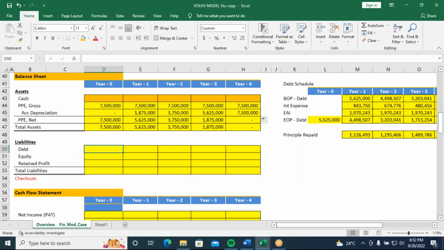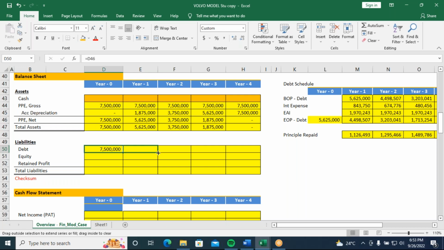So debt, if we look at what the debt value is equal to, it will be the PPE net, that is property, plant and equipment. What the net means: after the gross, the initial investment was 75 lakh, when it is subtracted with the depreciation, we are going to get the PPE net. So we'll take it here and just drag it.